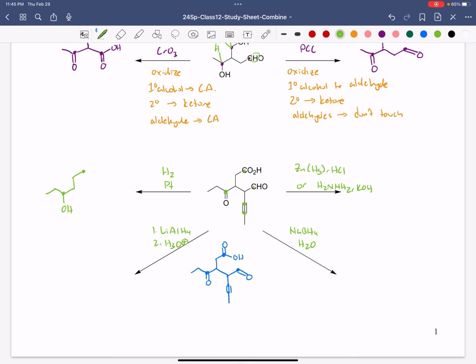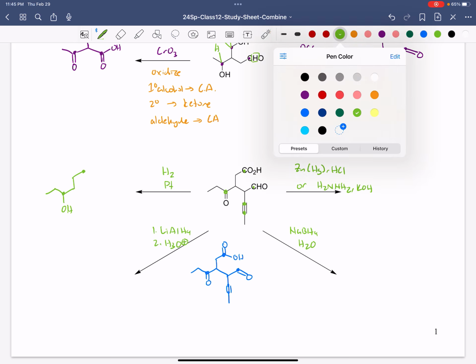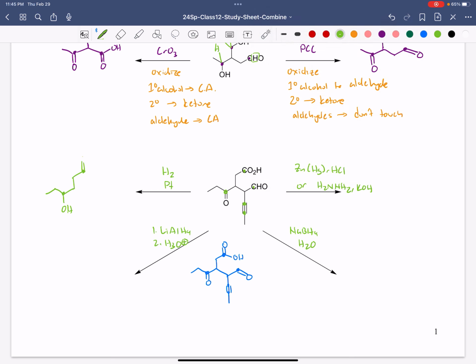And so we have a carboxyl group, and I'm looking at the blue right here, and H2/Pt does not reduce carboxylic acids. Don't touch it. Carboxylic acids, that's a good thing to note. Only one of these reagents reduces carboxylic acids, right?